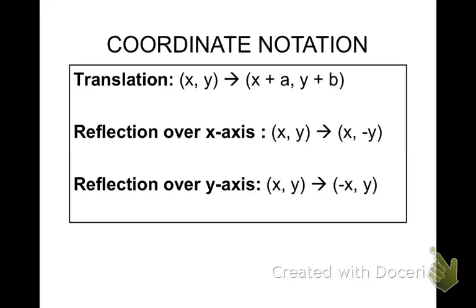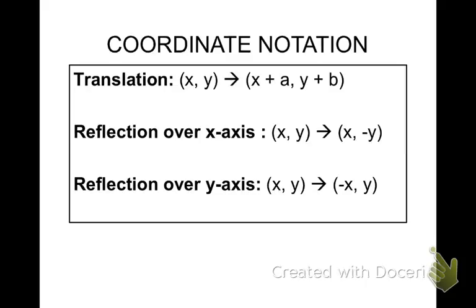I hope. So when we start with all of our transformations, we're starting with an original point. That's why all of these start with x, y. We're starting with the original ordered pair. And then we use an arrow to depict the transformation, what's happening.